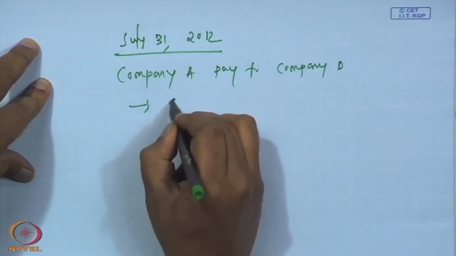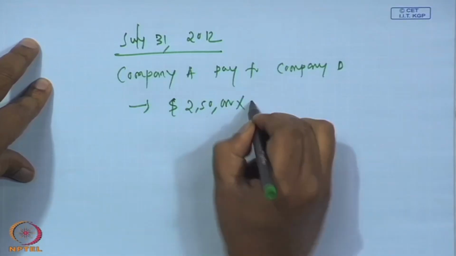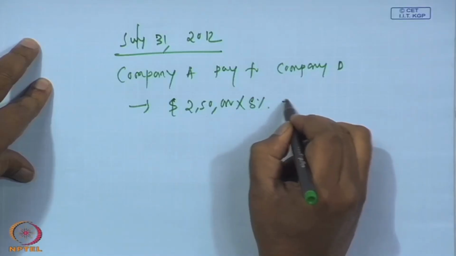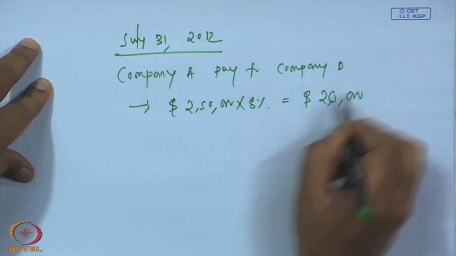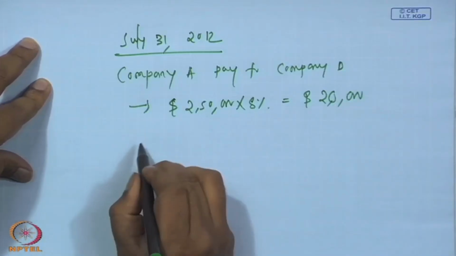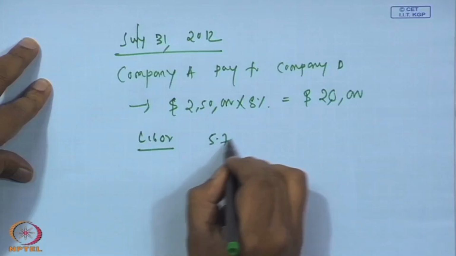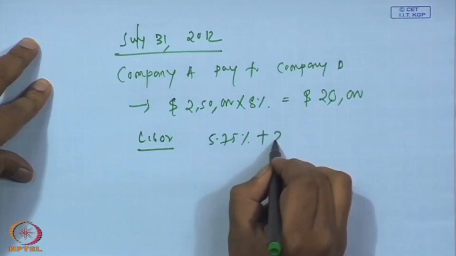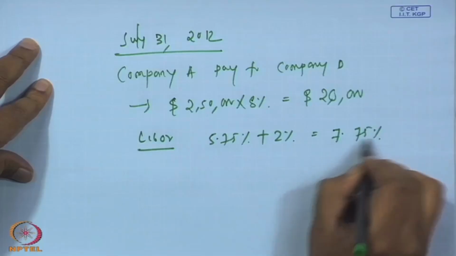The same notional principal remains constant, and the same 8% fixed will be paid. So, the dollar amount will be 20,000 again, but now the LIBOR is 5.75% plus 2%, so now it is 7.75%.